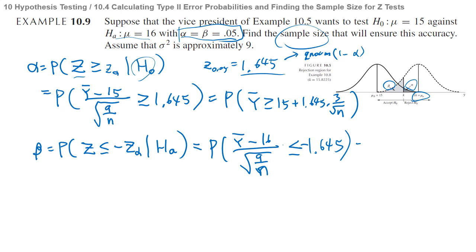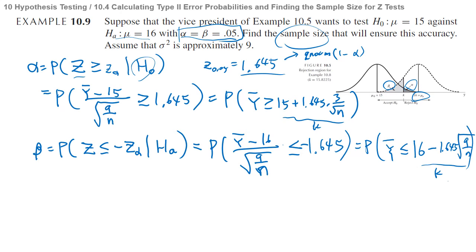This is the probability that y bar is less than or equal to 16 minus 1.645 times square root of 9 over n. Okay, so this is our k. This is our k.